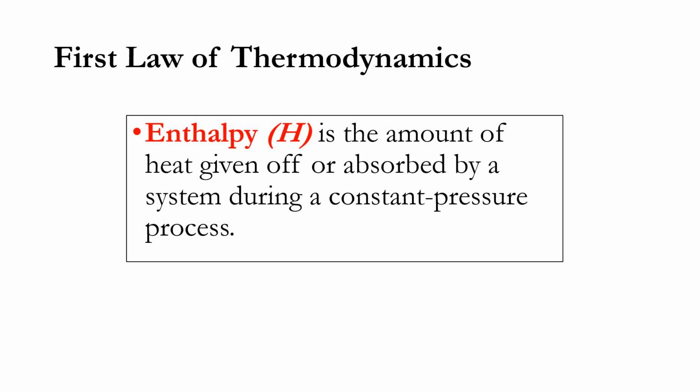This is the measure of the amount of heat energy given off or absorbed by a system during a constant pressure process. So if a system absorbs energy, you expect a positive enthalpy. There is an increase in the heat energy. On the other hand, if it's negative enthalpy, we expect that the system gives off energy.